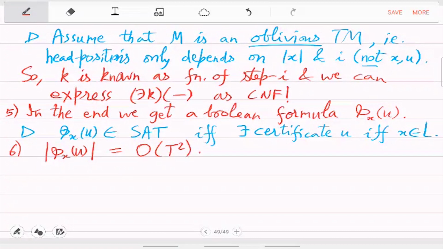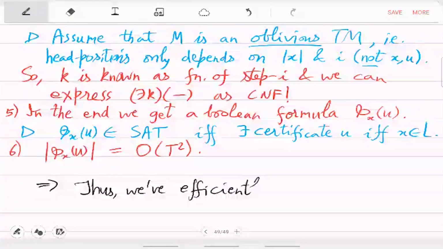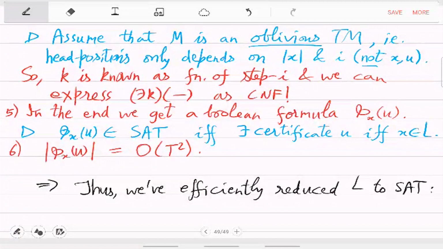Okay, so this now finishes the proof. Thus, we have efficiently reduced L to SAT, and we write it L less than or equal to SAT, P referring to the polynomial time reduction that we just gave.